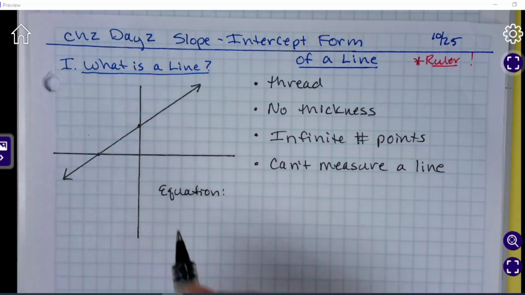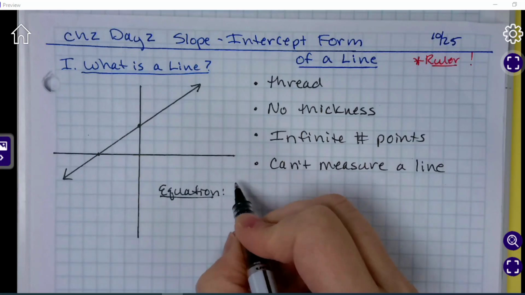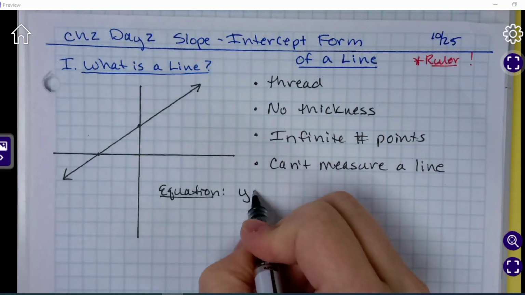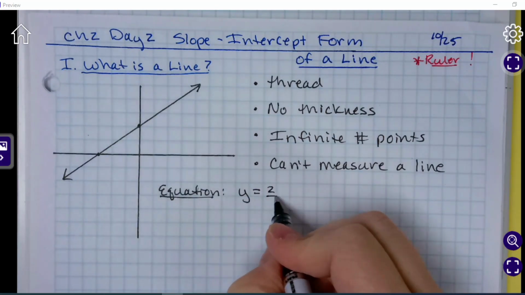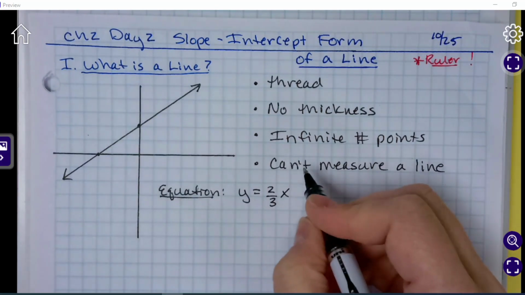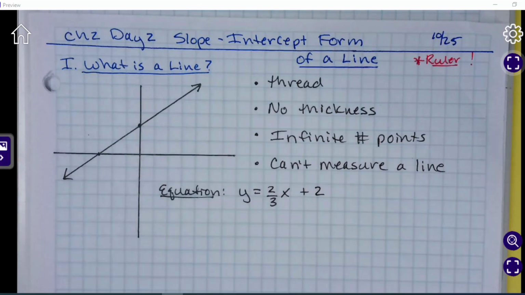Now, the equation of the line that we've drawn on our little graph is y equals 2/3 x plus 2. And in this form, there are some special names.